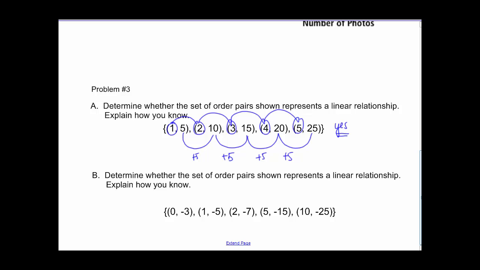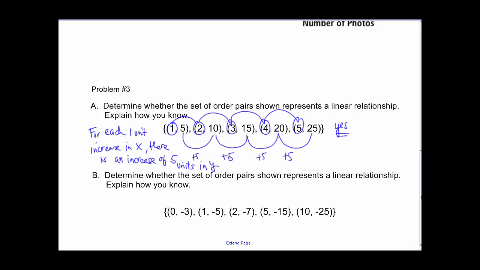So for each increase in 1 unit of x, we have an increase of 5 units in y.